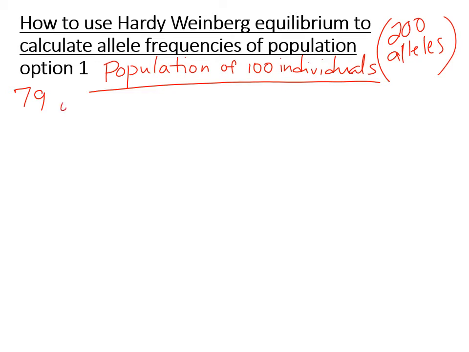So 79 out of 100 people in this population have the genotype 1, 1.